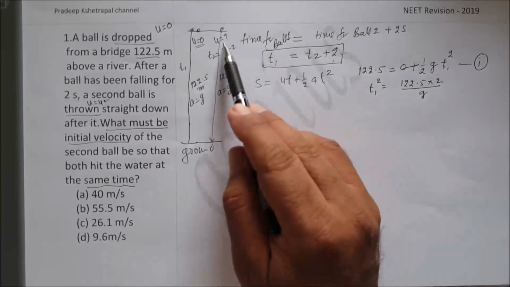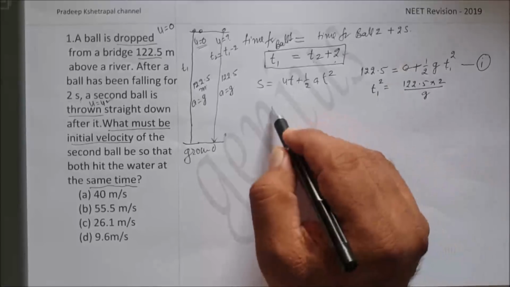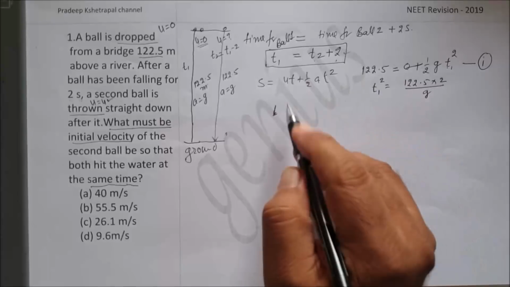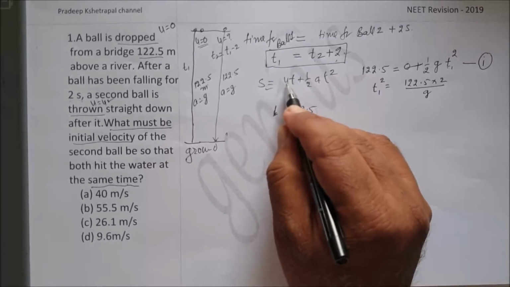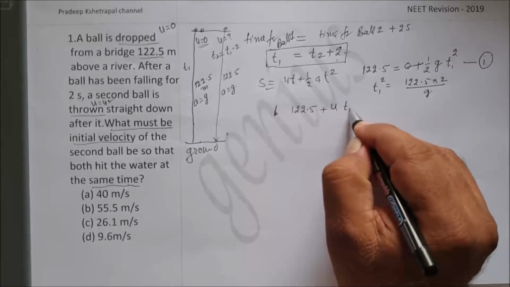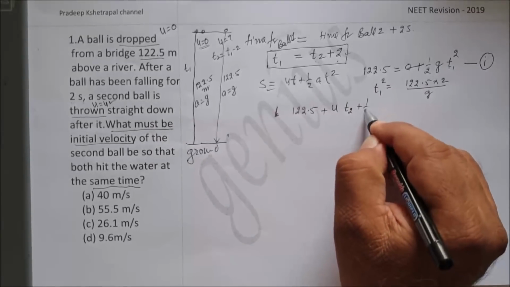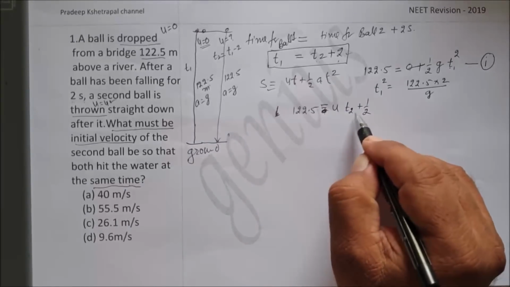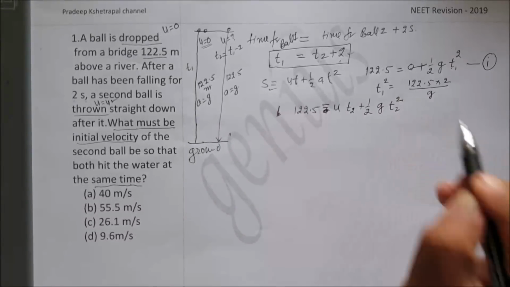Now we go to the second ball to get the equation of T2. How much is T2? In the second case again we put the same equation. 122.5 is S, u in this case is u, and t is equal to T2, so S is equal to ut plus half g T2 square.